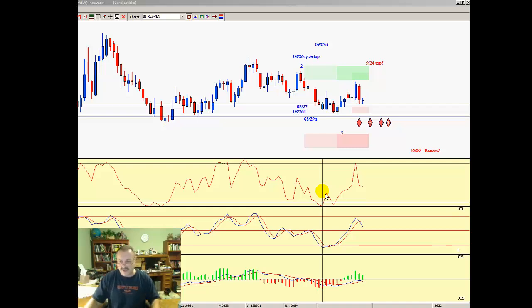I threw those on there, and they're all going into their peaking and breaking down period. So this is supporting the expectation that we could be looking at a cycle top for the September 24th time period, give or take a day. But we do need prices to start moving up off this support line.